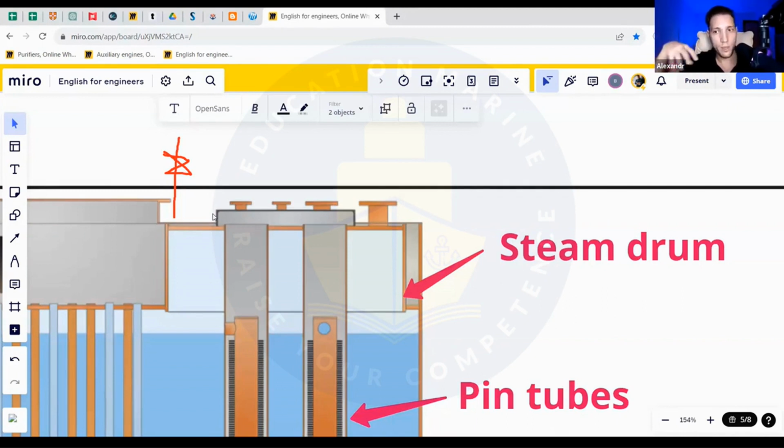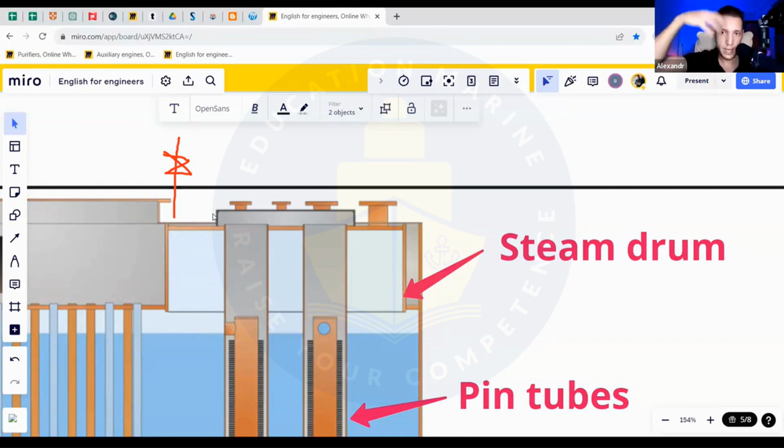Because of the thermal expansion in our boiler, the temperature can go up or go down. So in order to avoid cracks and different problems with our boiler, we need to avoid any kind of vacuum inside the boiler. That's why you need the air valve.